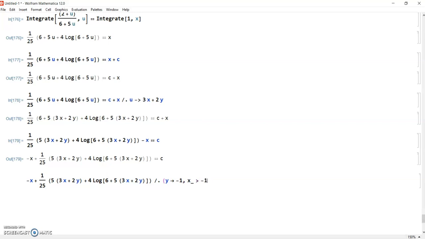These were the initial conditions. So y minus 1 and x minus 1. These are the initial conditions.